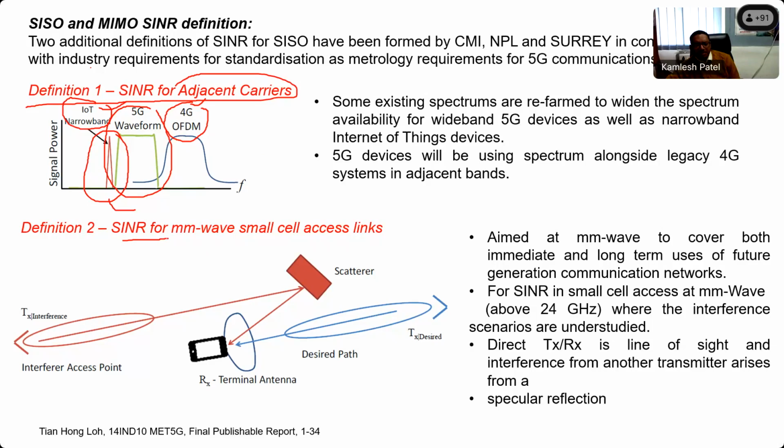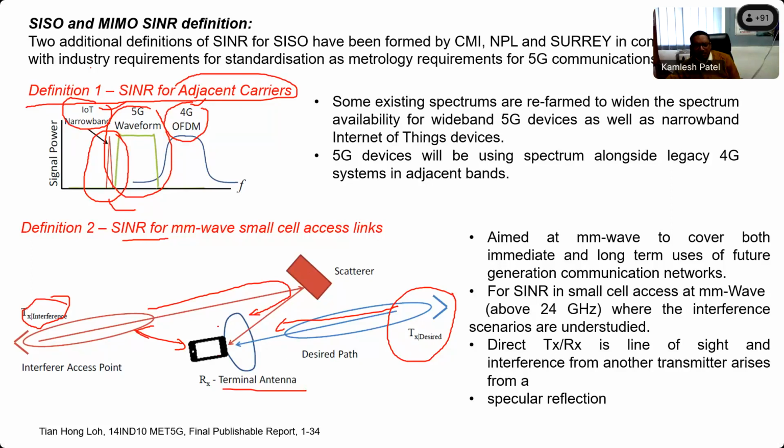The second point for the definition of the SINR is for small cells. Normally we can have the receiver terminal antenna, and this is the transmitter end of the desired signal, and this is the desired path. But there is a possibility, since the distance between the second interference signal and the terminal antenna may be small, and due to scattering by any object, the undesired or interference signal may reach the terminal antenna.